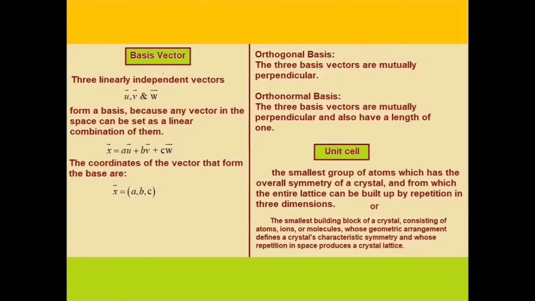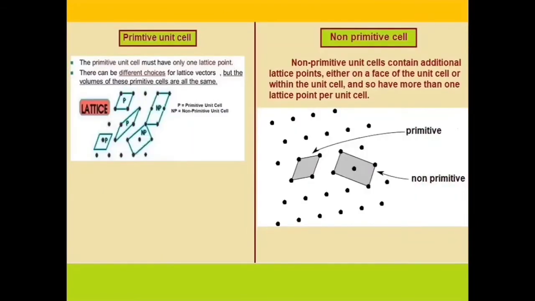So this is about the primitive unit cell and non-primitive unit cell. As you can observe in the left-hand side diagram, pertaining to the primitive unit cell, the primitive unit cell must have only one lattice point. There can be different choices for lattice vectors, but the volumes of these primitive cells are all the same.